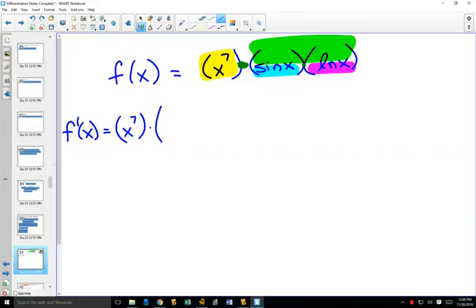What's the derivative of the green one? It's a product rule. So how do I do that product rule? Well, I keep the first one the same, derivative of the second one, plus keep the second one the same, derivative of the first one. Good. Does that make sense?